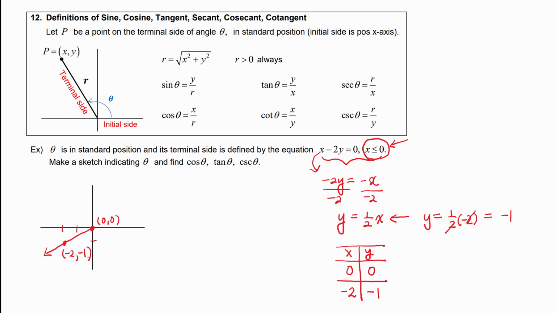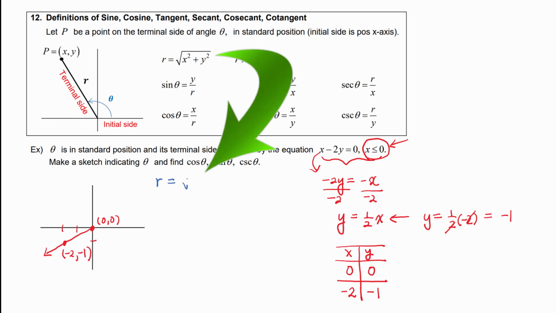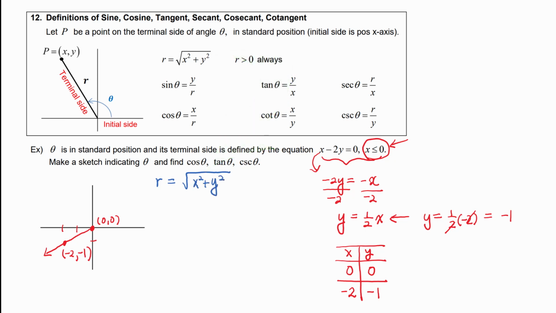Now I can find r, which is equal to the square root of x squared plus y squared. Our x is negative 2 and our y is negative 1, so you get negative 2 squared plus negative 1 squared, which is 4 plus 1. So I get the square root of 5 as my r.